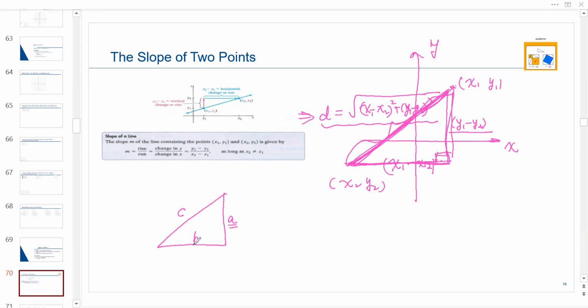The question is why C equals the square root of the squares of these two sides. Actually, the question is why A square plus B square equals C square.